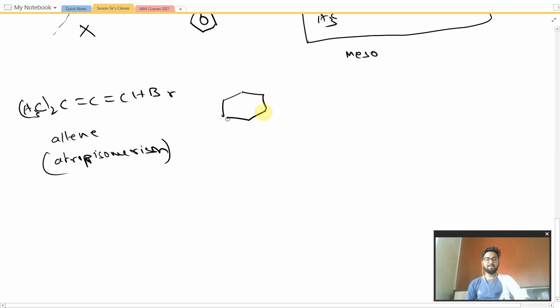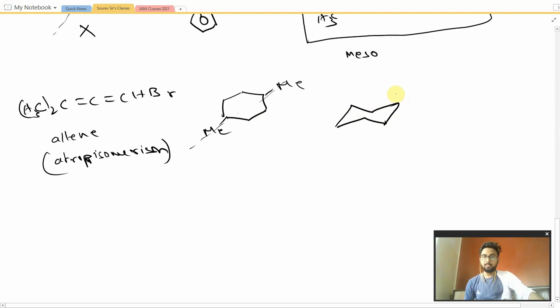Obviously in this structure you can see that the methyl groups are both in this way. So you can divide this molecule and guess that it has a sigma plane and therefore wouldn't have any stereoisomers, but that is not the case. This is a cyclohexane, and if not given anything, we assume that this cyclohexane exists in chair form.